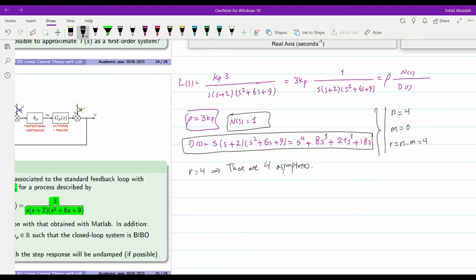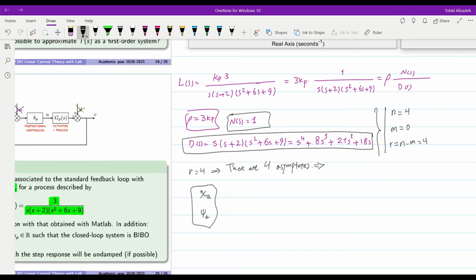And when we have 4 asymptotes, we need to find out xa and the angles. We will come back to these two in order to determine the exact point of abscissa and the angle of the asymptotes with the real axis.